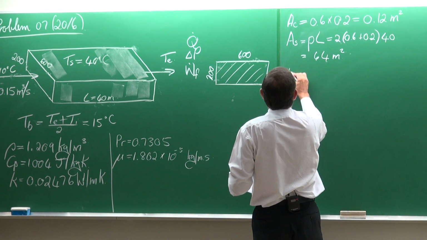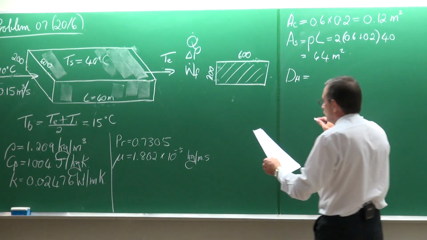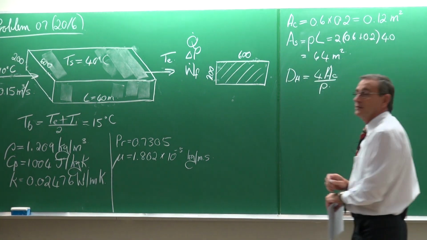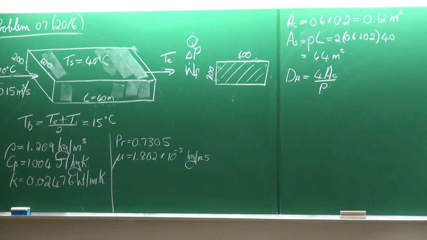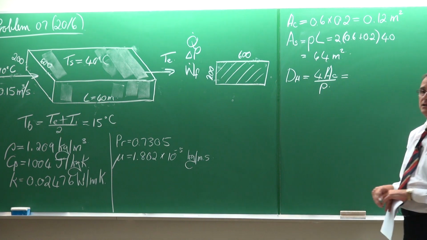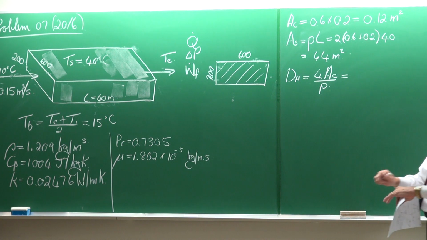The hydraulic diameter is equal to 4 times the cross-sectional area divided by the wetted perimeter, so that would be where the air will be in contact with the surface.